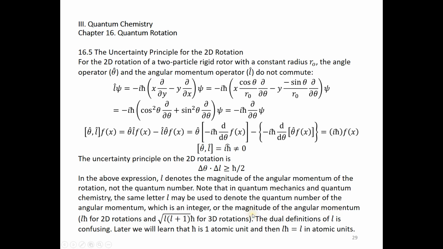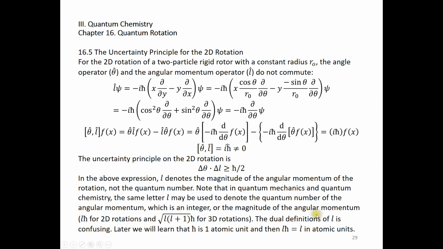And also we know the magnitude of the angular momentum for a 2D rotation is l h-bar. For 3D, it's the square root of l times l plus 1 times h-bar. So this can be a little confusing.